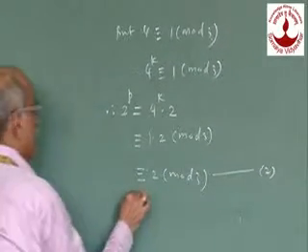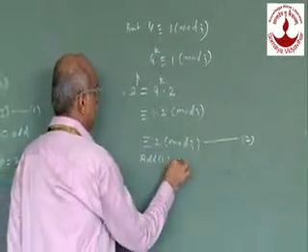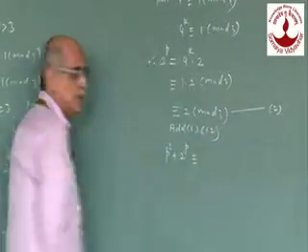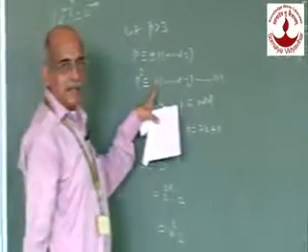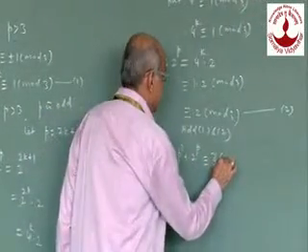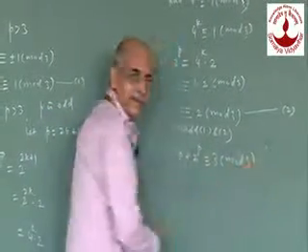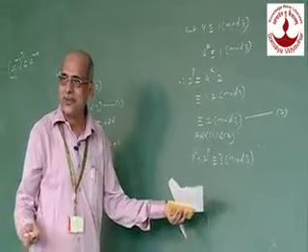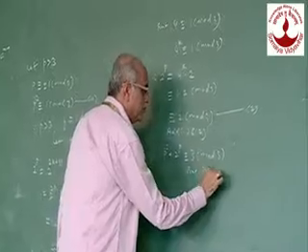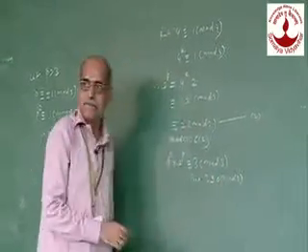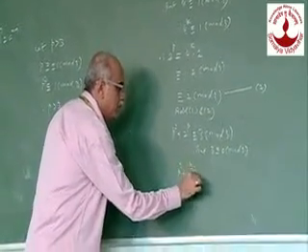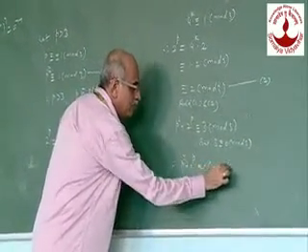If I add both relations, p square plus 2 raised to p will be congruent to 1 plus 2, which is 3 modulo 3. But 3 is congruent to 0 modulo 3, agreed? Therefore p square plus 2 raised to p is congruent to 0 modulo 3.